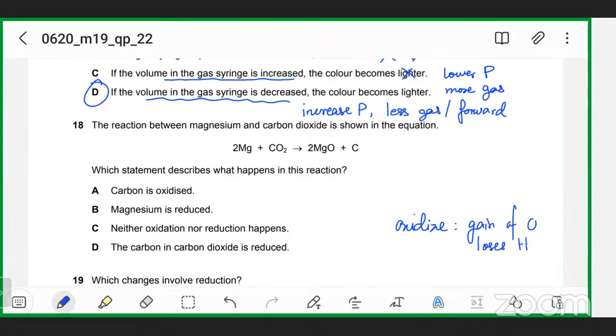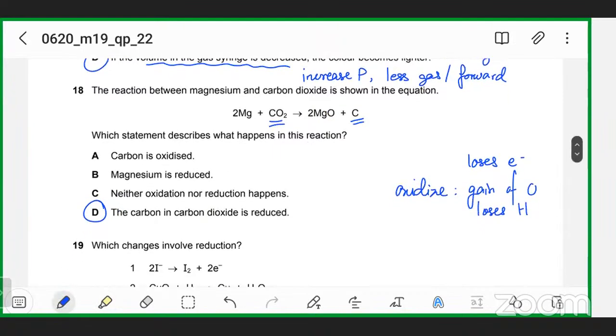Loses H or loses electrons. तो कौन सा था? क्या कहा था? D. It's losing oxygen, right? So it's getting reduced. ठीक है, so carbon is getting reduced. D is fine. And magnesium is the one that's getting oxidized. ठीक है.